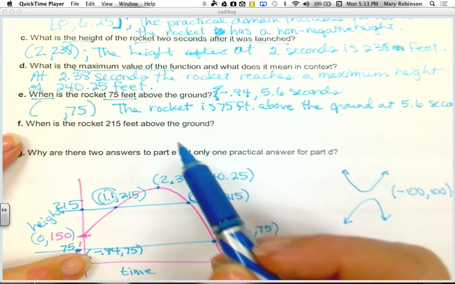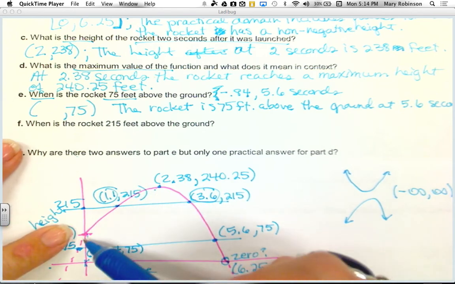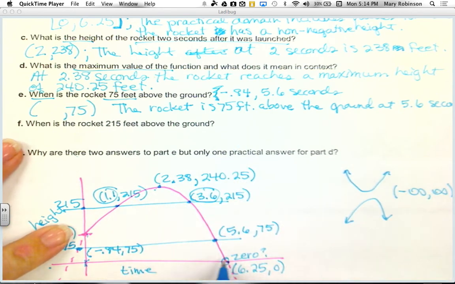But I want you to explain what's happening as it hits 1.1, what the rocket is doing. In this case, it's increasing in height and then decreasing in height.